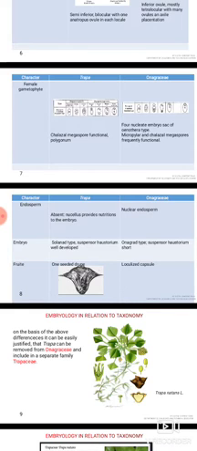Next, with regard to the embryo, it is of Solanad type in case of Trapa, and the suspensor haustorium is well developed. In case of Onagraceae, it is of Onagrad type and the suspensor haustorium is very short. Fruit.